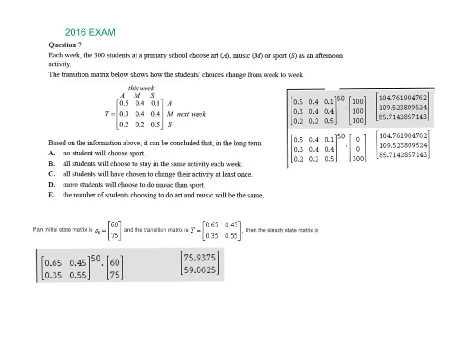So we've probably got a couple more examples here, and here's one. So each week, 300 students at a primary school. So there, they've given me the original total amount. So essentially, whatever S0 is equal to, they add up to 300.